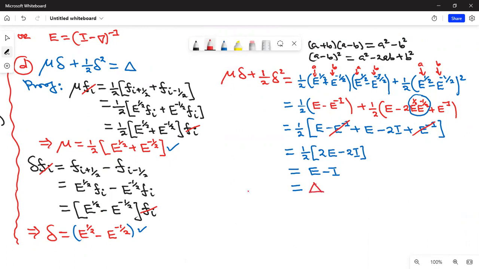So we have shown that the left-hand side will give us the right-hand side. So that's how to deal with the finite difference operators.